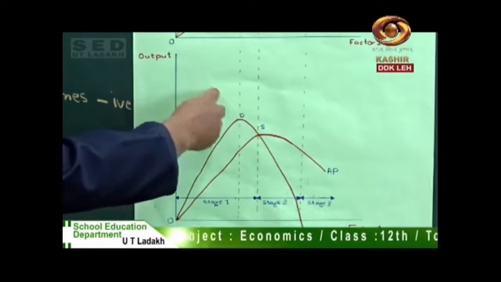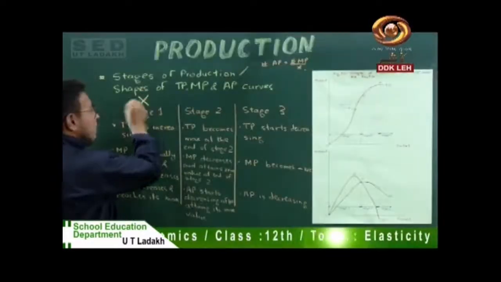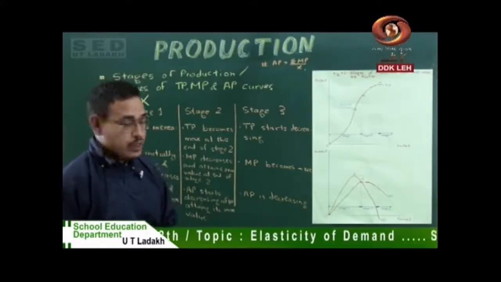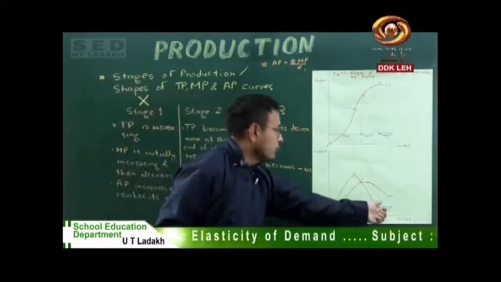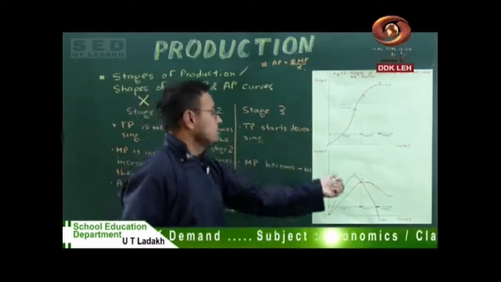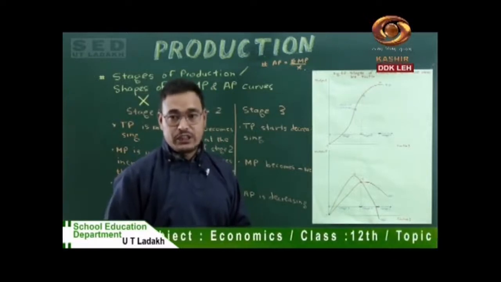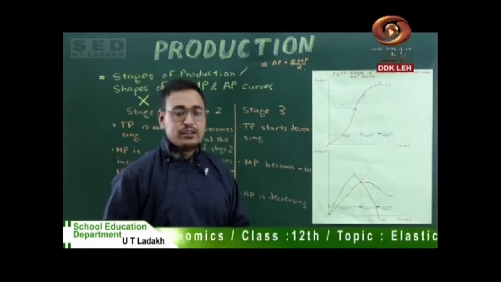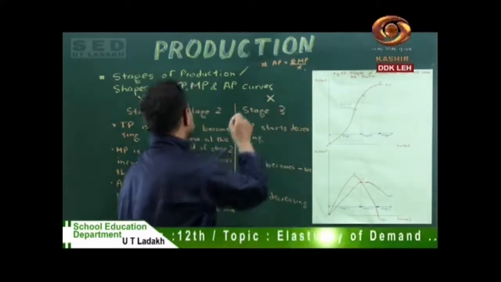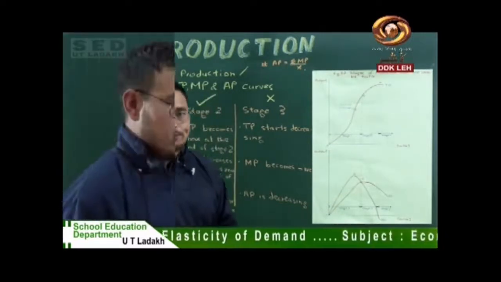So he will reject this particular stage. Similarly, in stage 3, the labor has negative marginal productivity. So he is not producing in that stage. So a rational producer will eventually produce in stage 2.